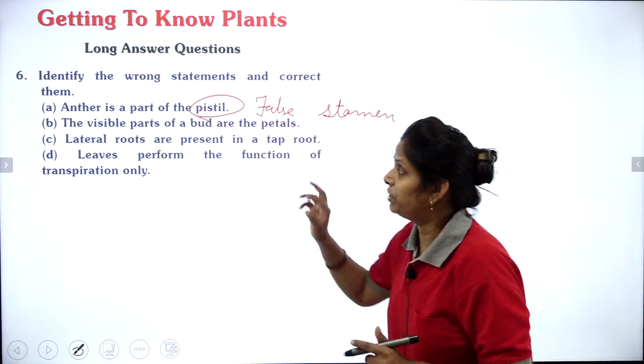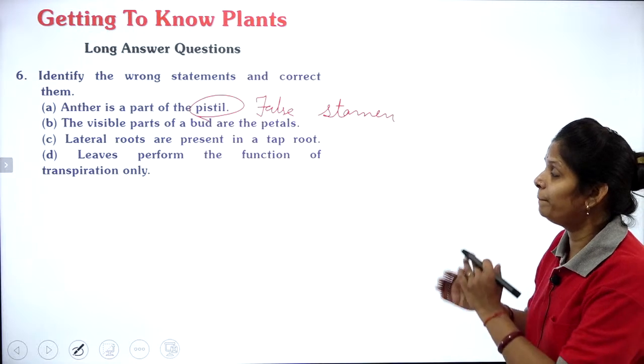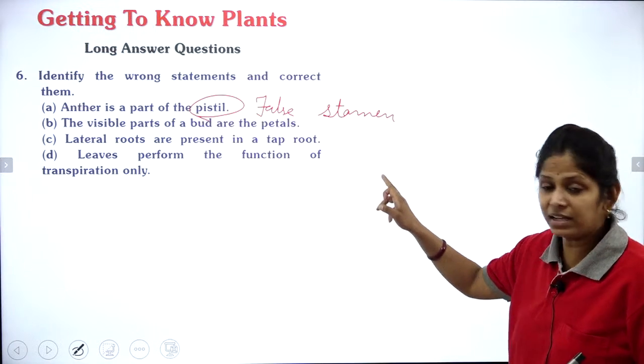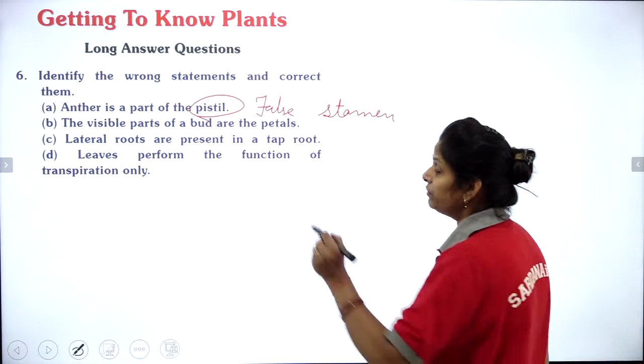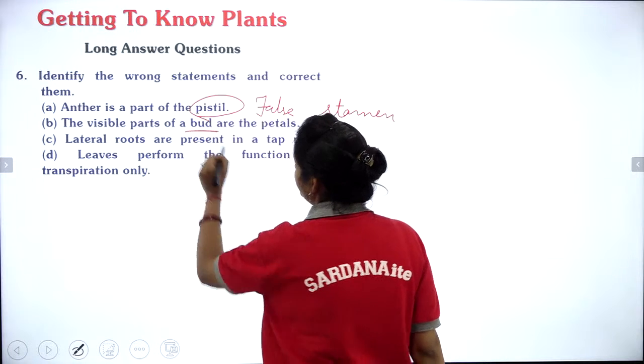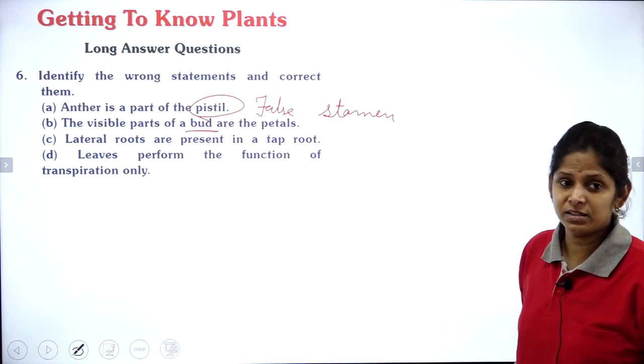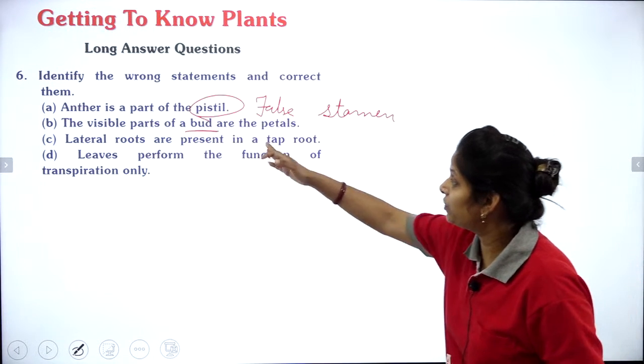Now next is, the visible parts of a bud are the petals. What is it saying? The visible part of a bud are the petals. No, actually these are not petals.